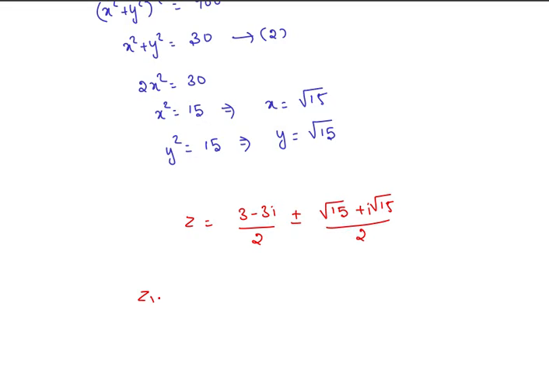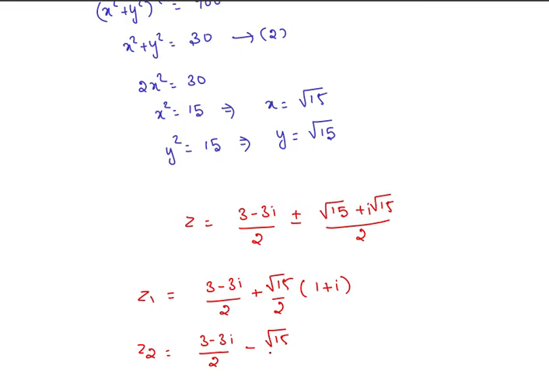So one fixed point is z1, that is (3 minus 3i) divided by 2 plus square root of 15 divided by 2 times (1 plus i). z2 is (3 minus 3i) divided by 2 minus square root of 15 divided by 2 times (1 plus i). These are the two fixed points of the given transformation.